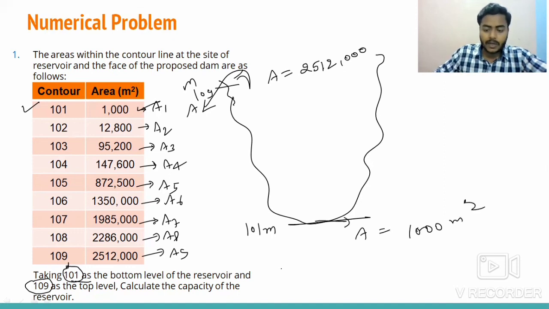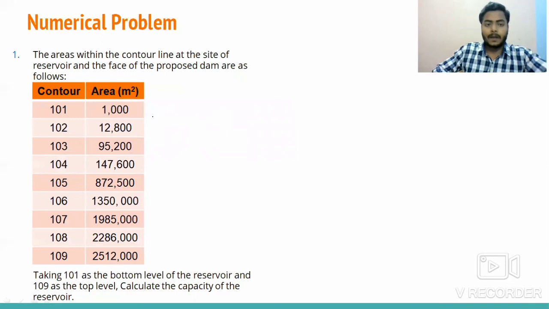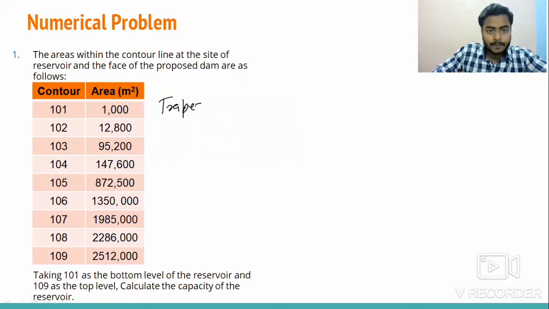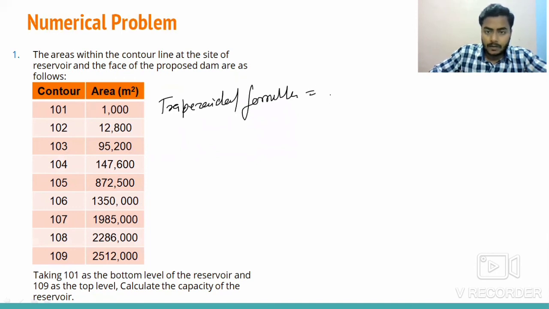Now we can apply the trapezoidal formula or the prismoidal formula. I'm going to apply the trapezoidal formula first. Writing the formula: H, the vertical distance, is 1 meter.